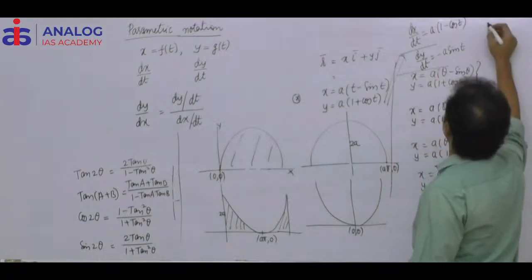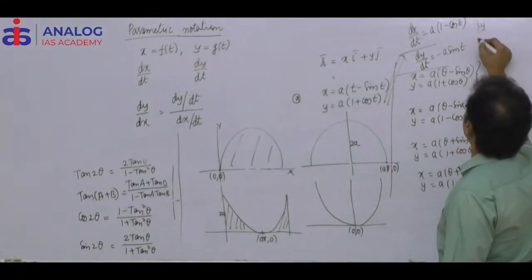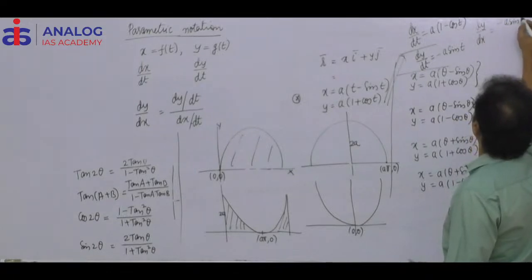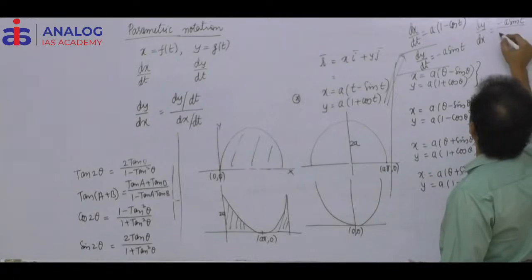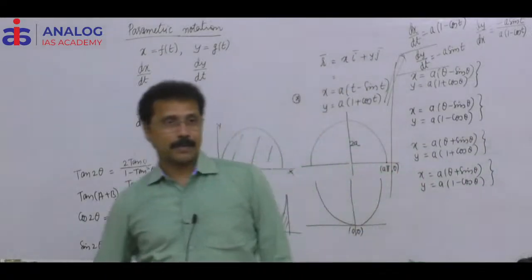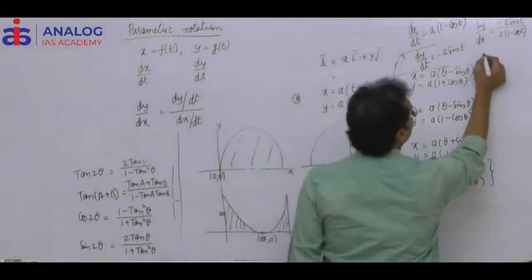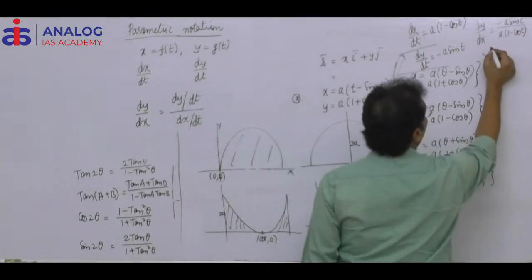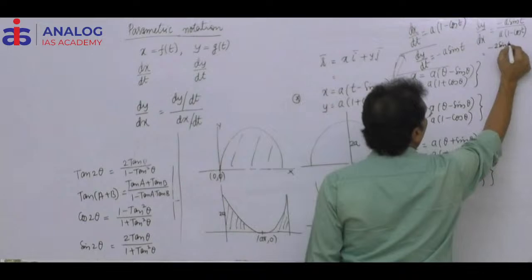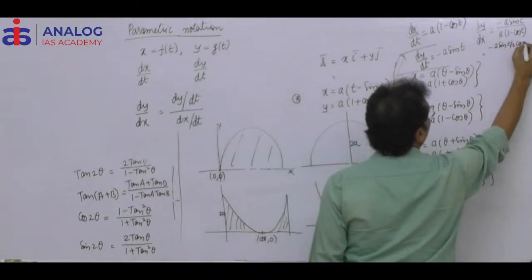Then dy by dx is minus a sin t by a into 1 minus cos t. Can you further simplify this? a gets cancelled anyway, minus sin t, I can write it as 2 sin t by 2 cos t by 2.